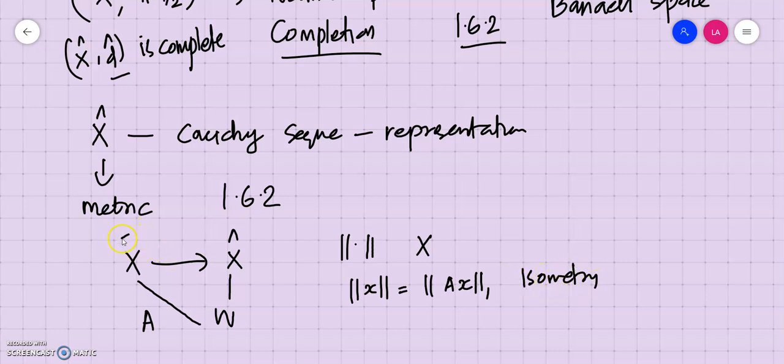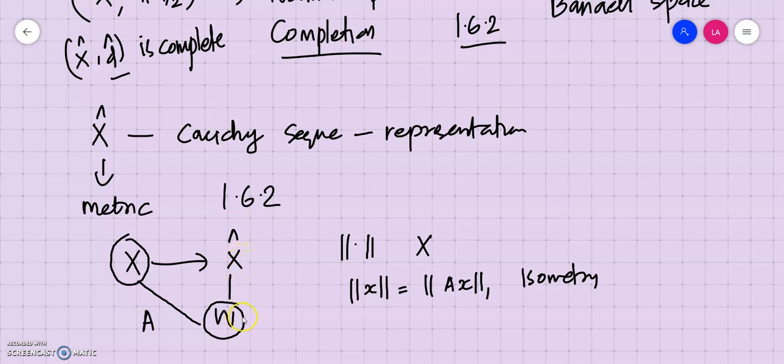So associated with a norm in capital X, we can define a similar norm in W by means of isometry. So we have norm 1 which is in W, which is actually a subspace of X cap. So in a subspace we have a norm.